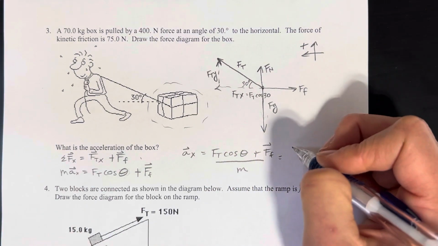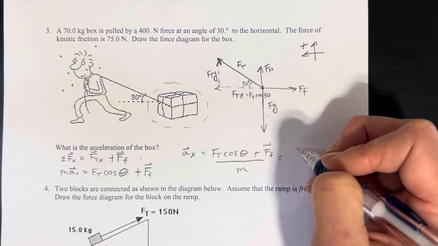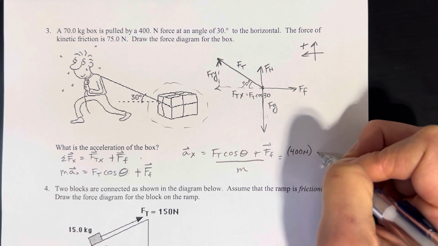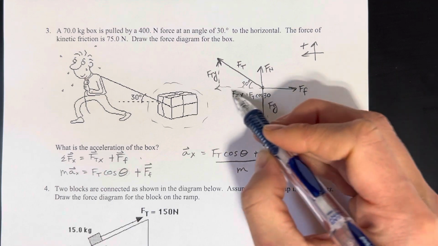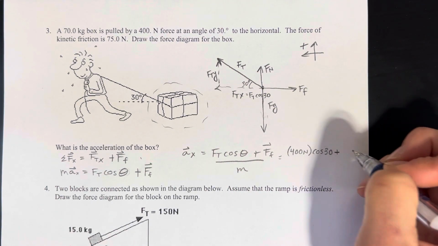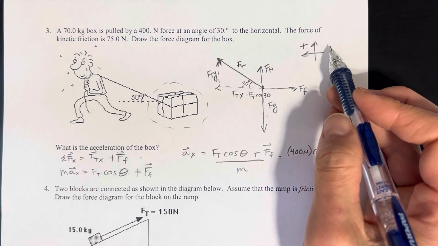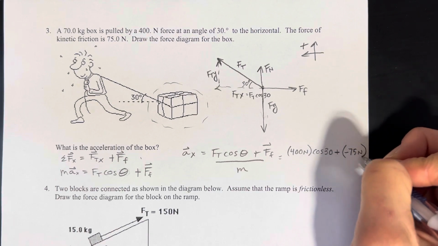So my force of tension is 400 newtons times the cosine of 30. That gives me my force of tension in the x direction. And then I am going to add my force of friction. Now force of friction is acting to the right, which I chose as negative. So I'm going to put negative 75 newtons here.